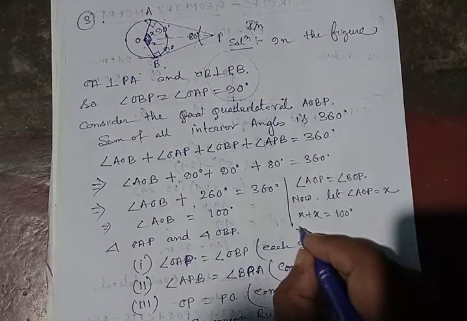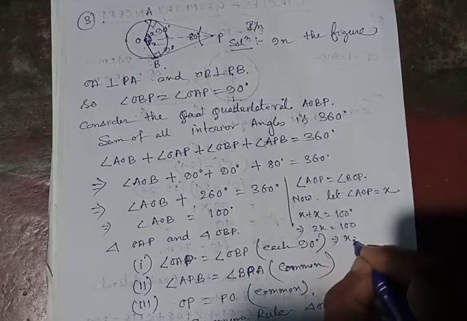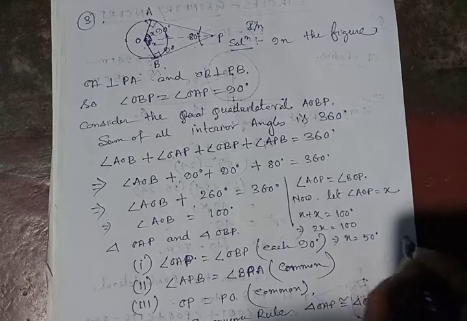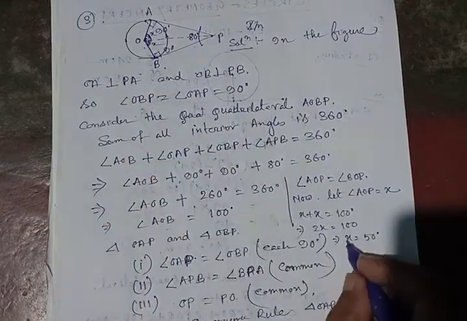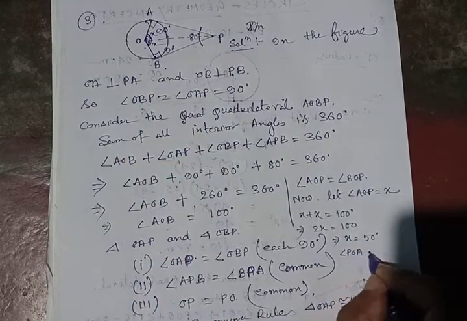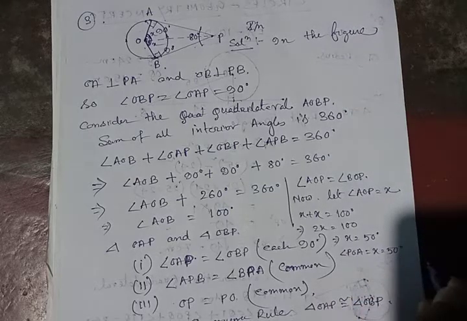From here 2X equal to 100. From here X equal to how much? 50 degree. Now we have to find the angle POA. So angle POA equal to X equal to 50 degree. Okay.